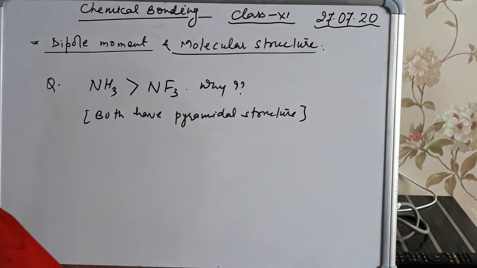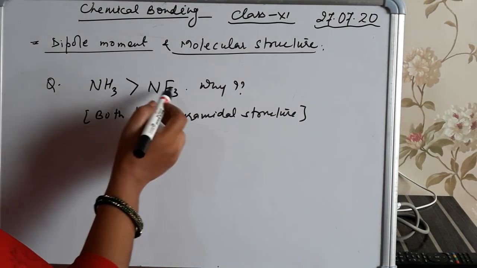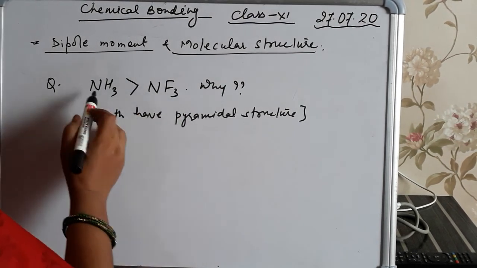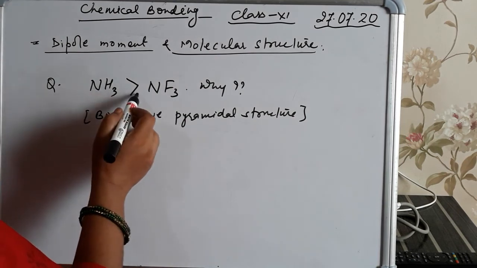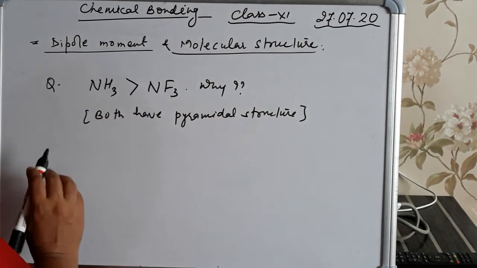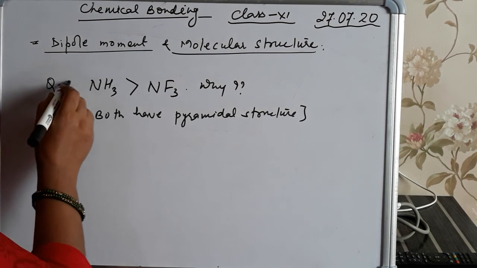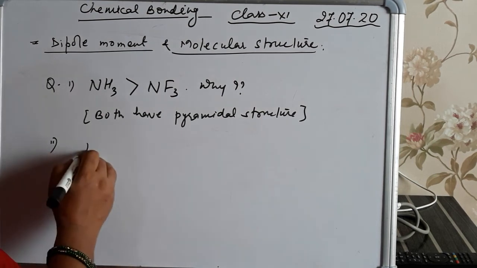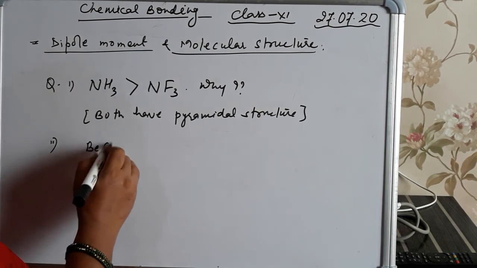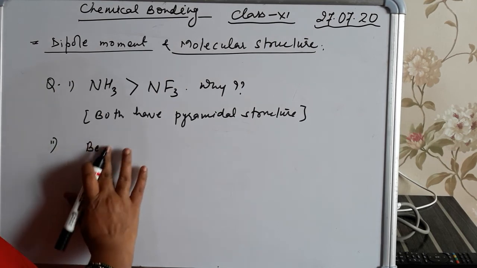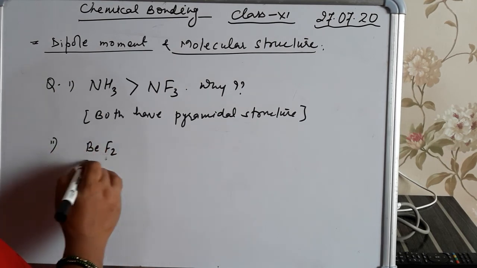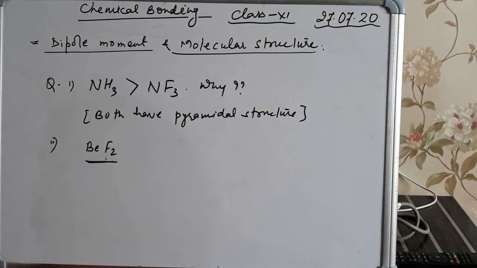This type of question is always asked in the examination: both NH3 and NF3 have pyramidal structure, but NH3 has greater dipole moment than NF3. Why? And what about beryllium chloride, or beryllium fluoride? What will be the dipole moment of beryllium fluoride?